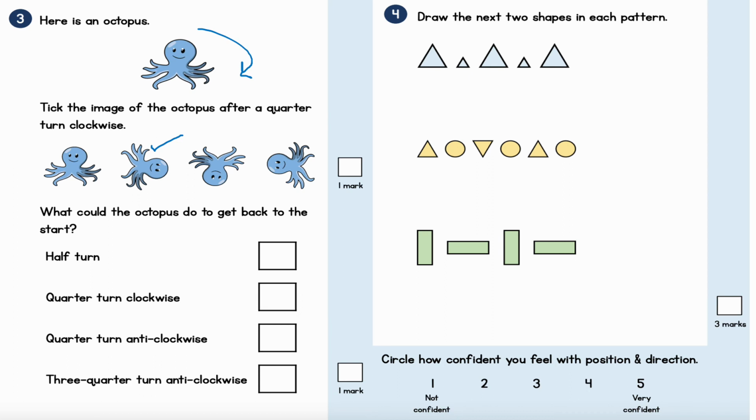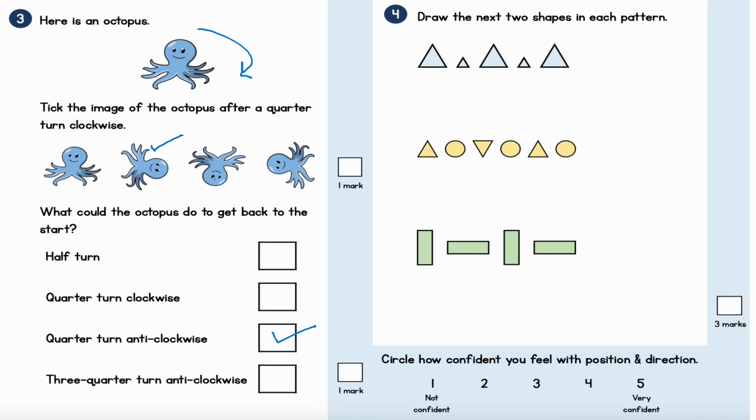It could do a quarter turn anti-clockwise, and that will be it. Or it can turn 3 quarters clockwise. But this is 3 quarters anti-clockwise, so that won't take us back to here. It'll end up taking us actually to here, if that makes sense.